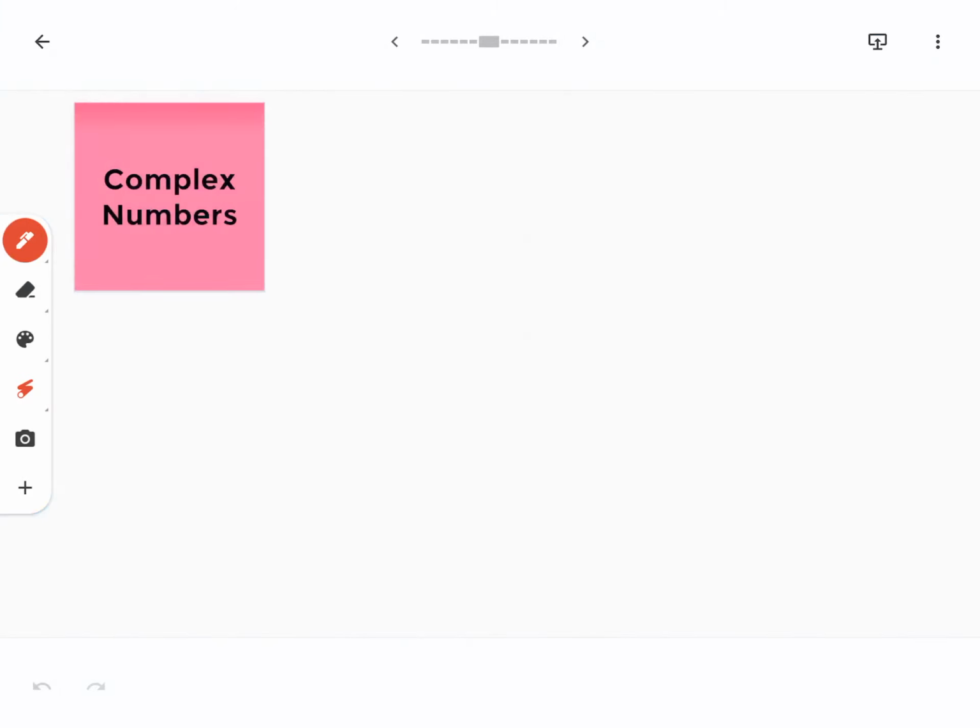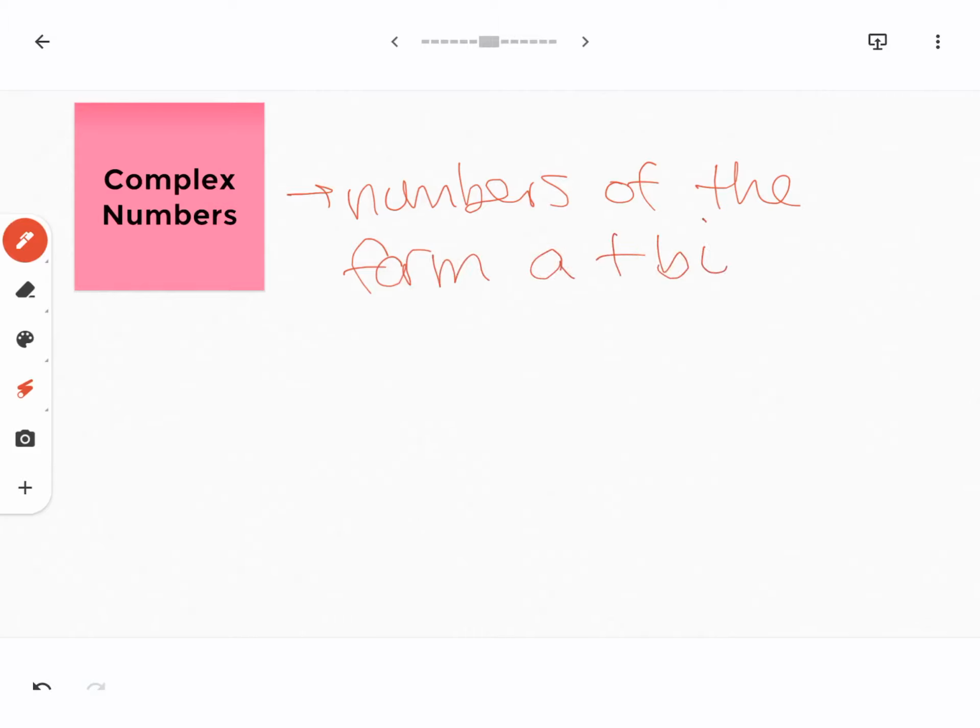What the rest of the notes are is talking about complex numbers and how we do operations with those. Complex numbers are numbers of the form a plus bi, where a is some real number and b is an imaginary component to your value.